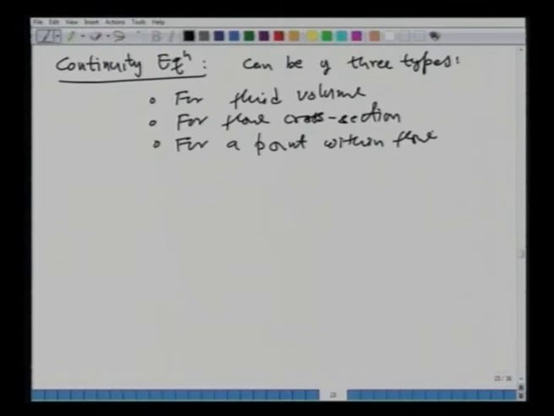I am sure you have seen some of the examples of these continuity equations. Can you think of an example of continuity equation for a point within the flow region?